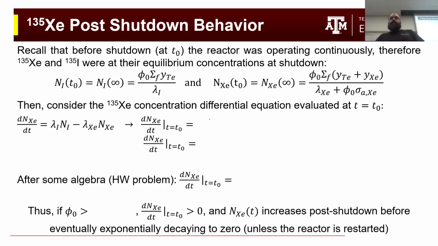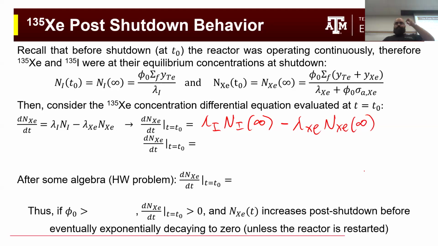amounts. So this is going to look like the lambda for iodine times the amount of iodine in equilibrium. And this is going to look like the decay constant of xenon times the amount of xenon, also at equilibrium. I'm just evaluating these at T0, and at T0, these concentrations were those equilibrium values.